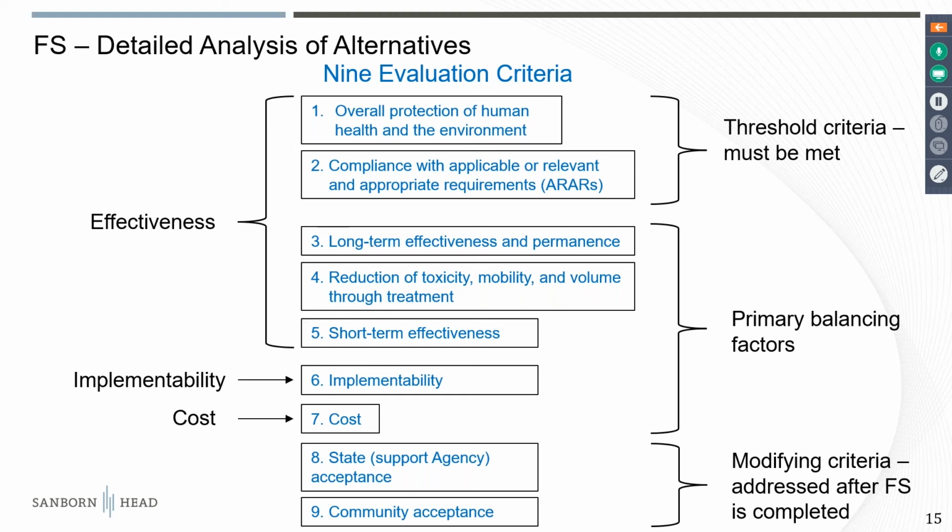And this is more akin to a public notice type situation where there's going to be community input. If it's a federal site, there's going to be state or regulator input on it. And this is where those entities come in and weigh in as part of the feasibility study on what their preferences are and have their influence on ultimately what is decided.